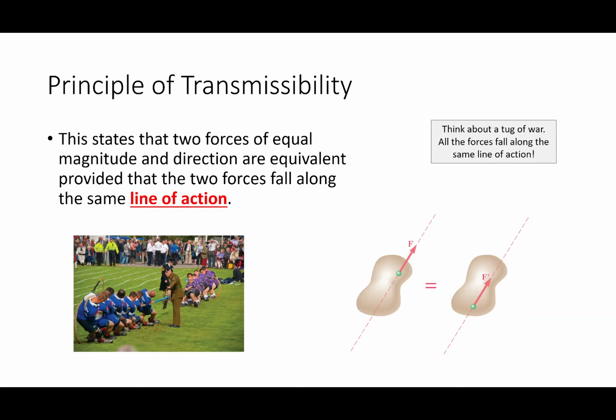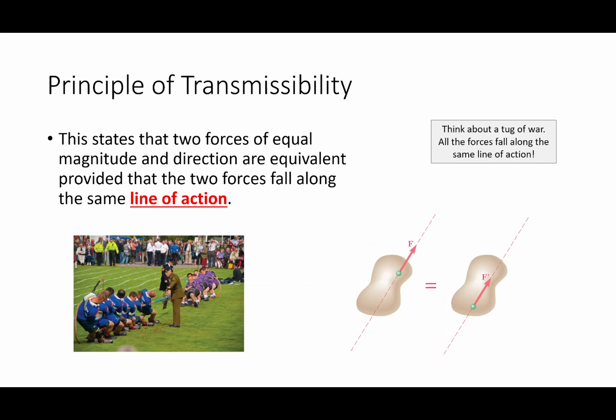If I have some line of action out in space, and I have a force vector on that line of action, I could take that force vector and move it anywhere along that line of action, and it would retain the same static equilibrium.